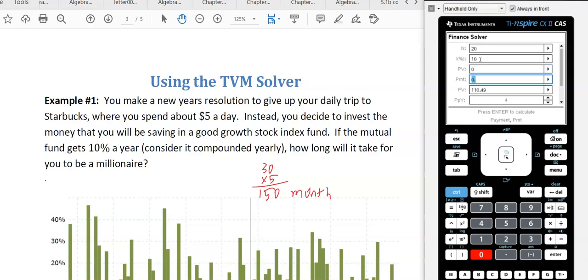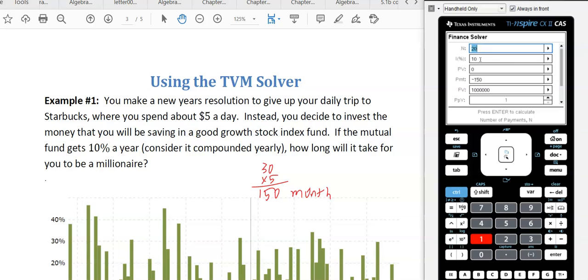In this case, this is recurring every day, $5, or every month, $150. So I'm paying out $150 a month, so minus $150. Again, we talked about that cash flow convention. I'm investing the money, so temporarily it's not mine. Future value, we want to become a millionaire. So 1 with 1, 2, 3, 4, 5, 6 zeros. We're going to say it's compounded yearly.